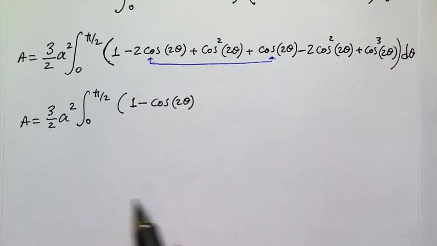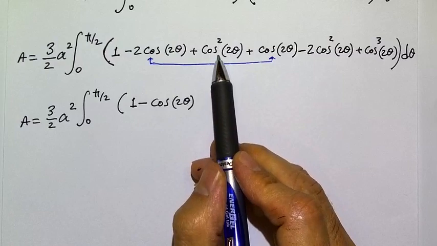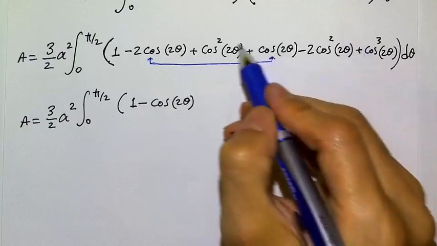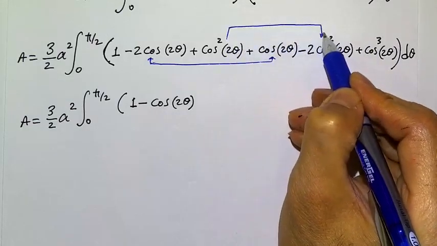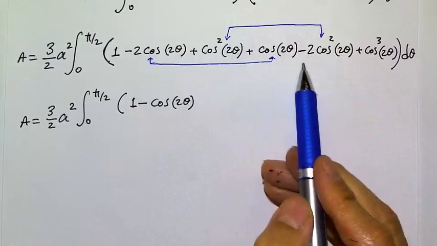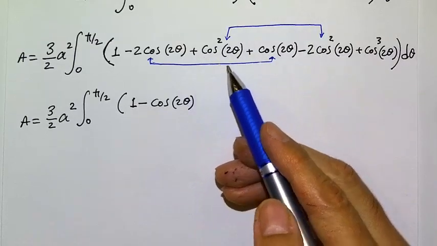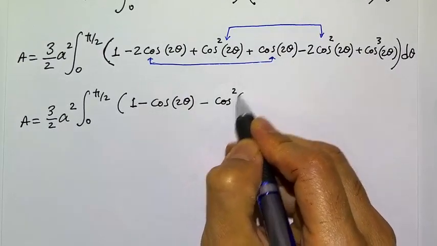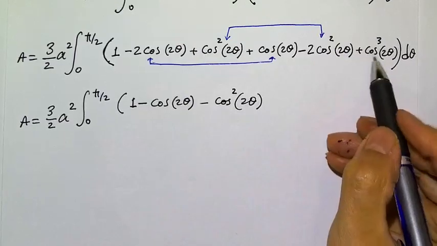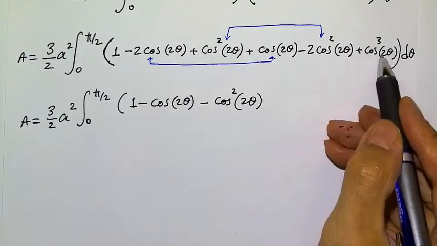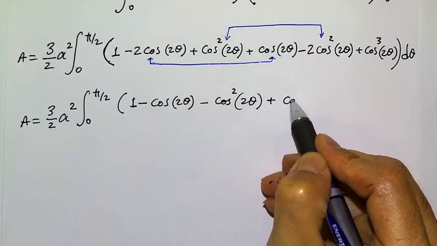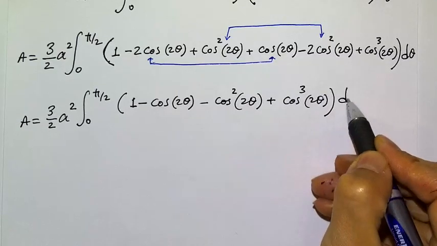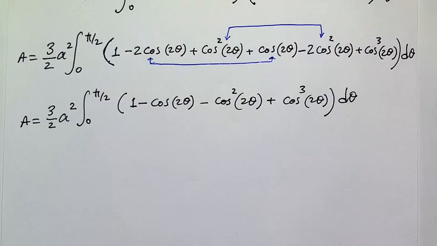Then we have a cosine squared 2 theta and minus 2 cosine squared 2 theta. These two can be combined: minus 2 plus 1, we get minus cosine squared 2 theta. And finally we have one more term here, plus cosine cubed 2 theta, close the big parentheses, and of course this is d theta.